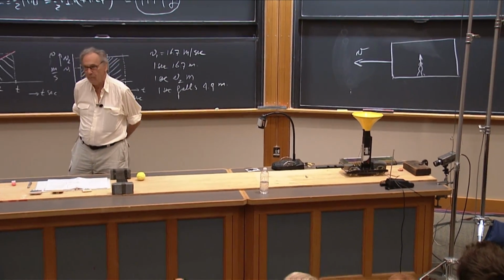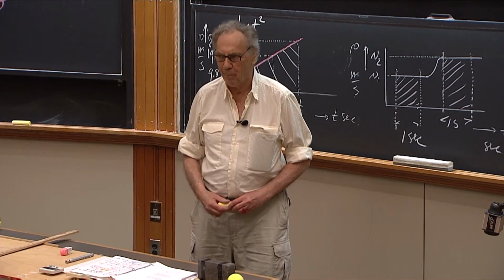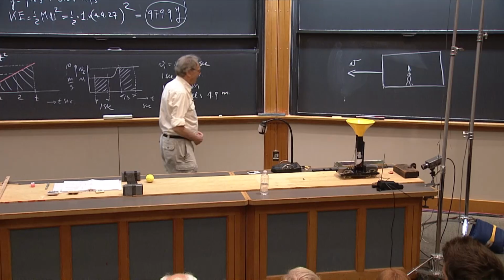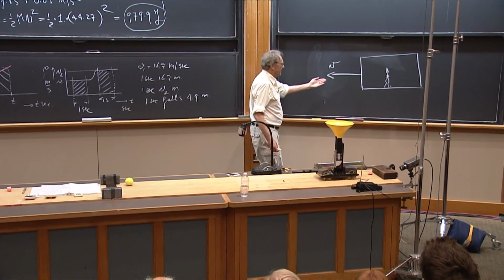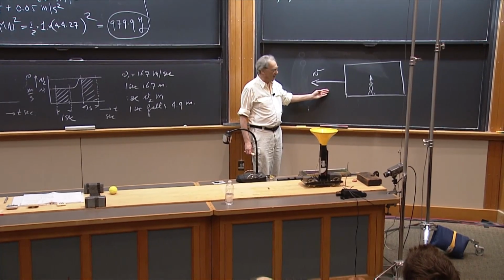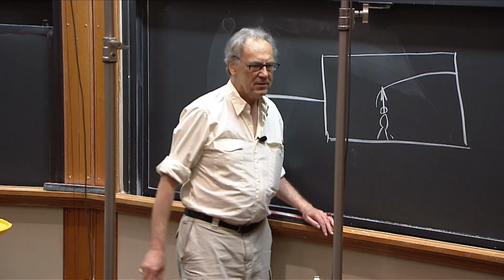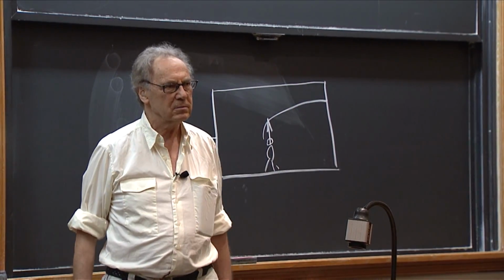Will I now be able to catch the ball? Or will the ball say, sorry, you're going with 550 miles per hour, 800 kilometers per hour. I'm not going to stay with you. I'm going to do this. And I could never catch the ball.